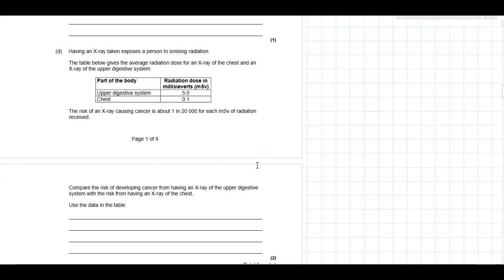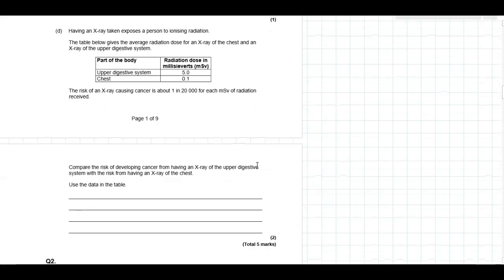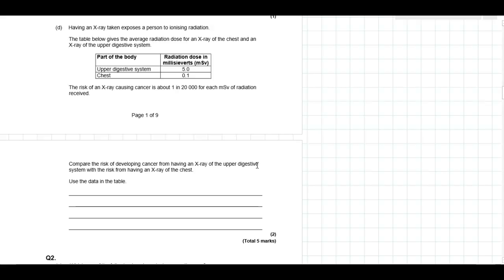Okay, now the next part of the question might not require you to recall facts, but the skill here is to look at the data and see what it means. Having an X-ray taken exposes a person to ionizing radiation. That's bad.